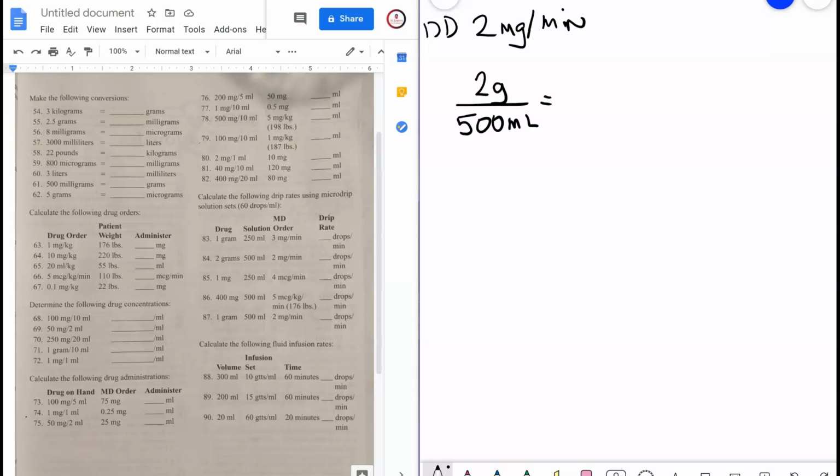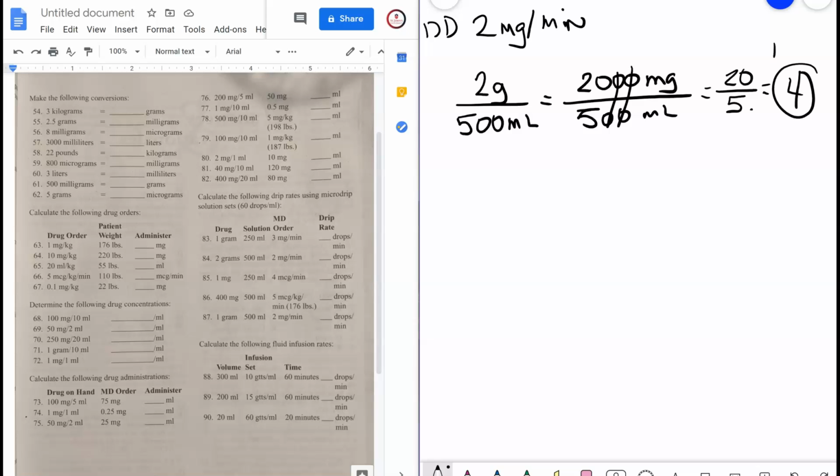So that means, remember, 3 spots, so that's 2,000 milligrams in a 500 milliliter bag. Cross out those zeros. So you have 20 milligrams in 5 mLs. This should look familiar, right? 20 divided by 5 is 4. So here's your dose on hand.